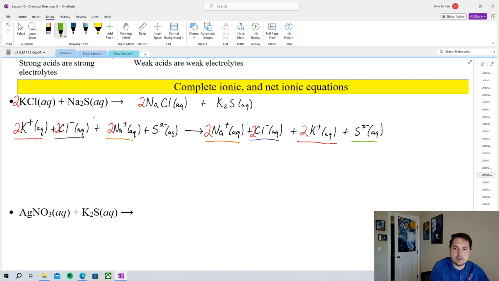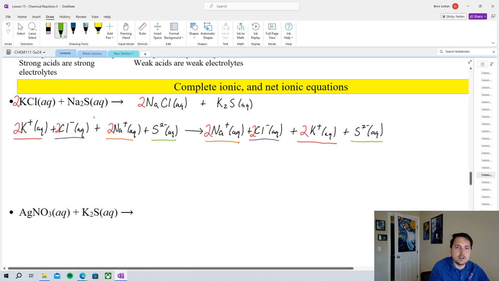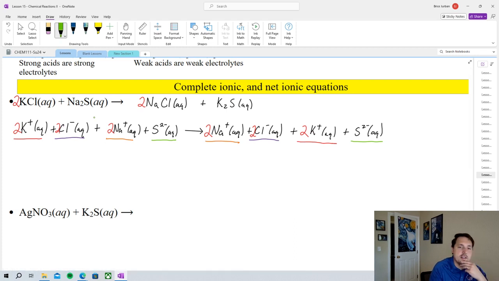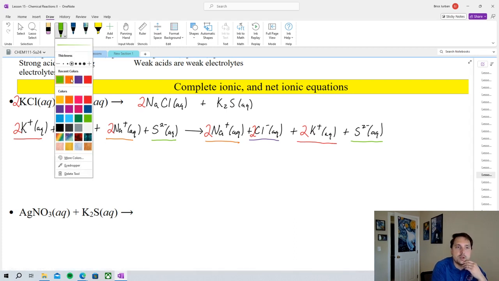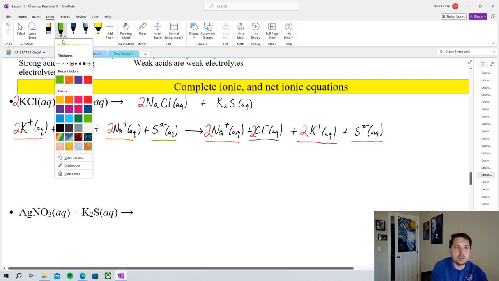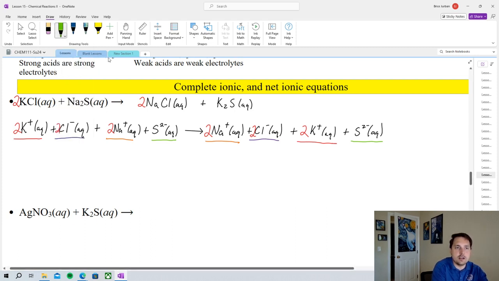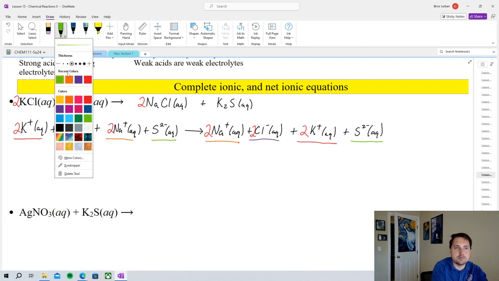And we will see that we have the same entities on both sides. So when this happens, we can't simplify the reaction any further. This is known as a complete ionic equation.